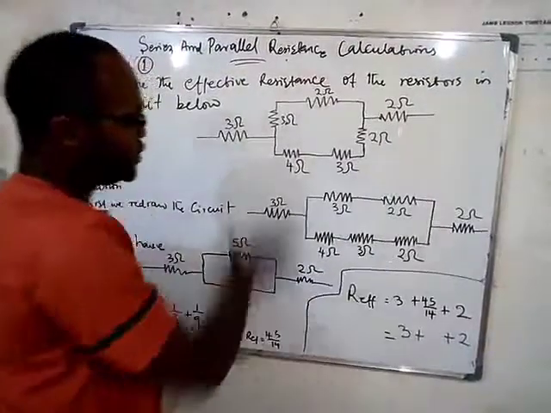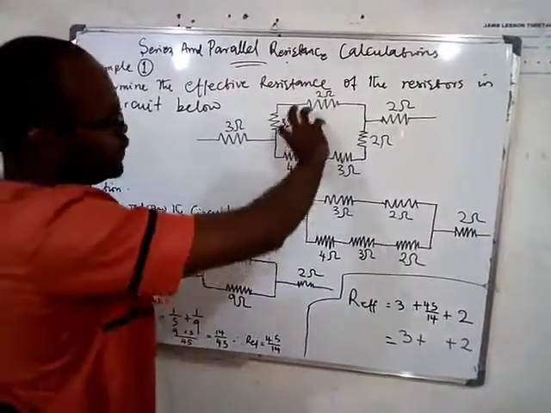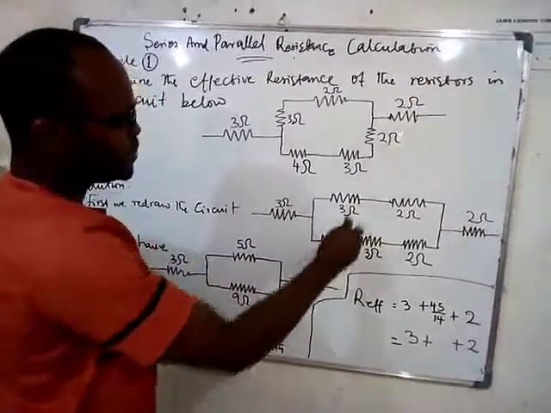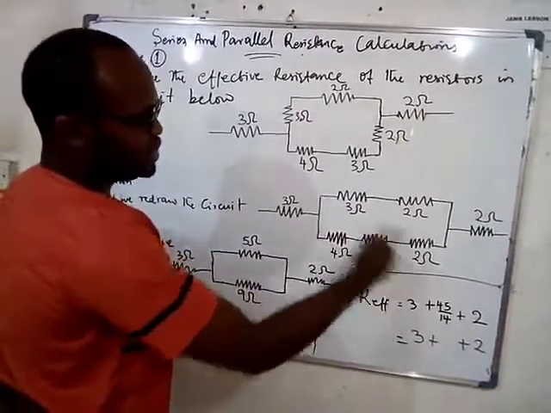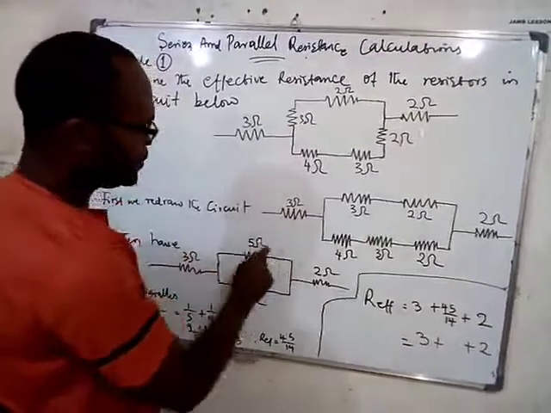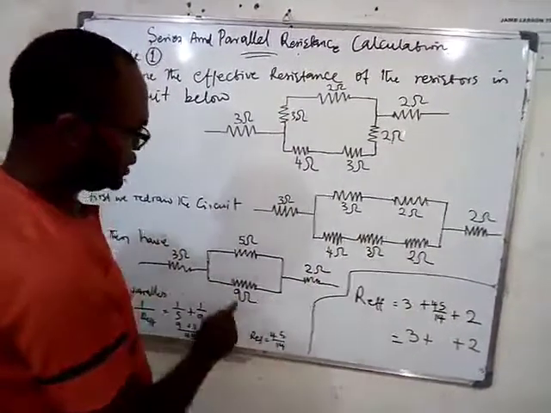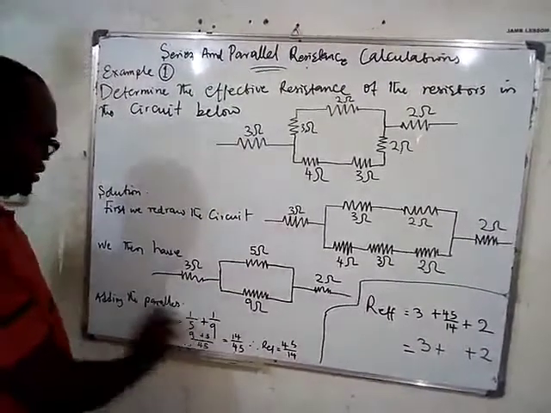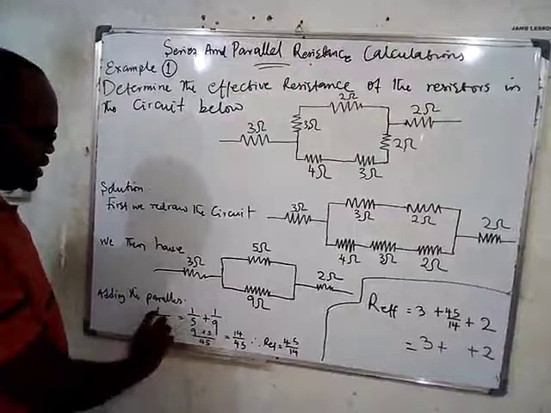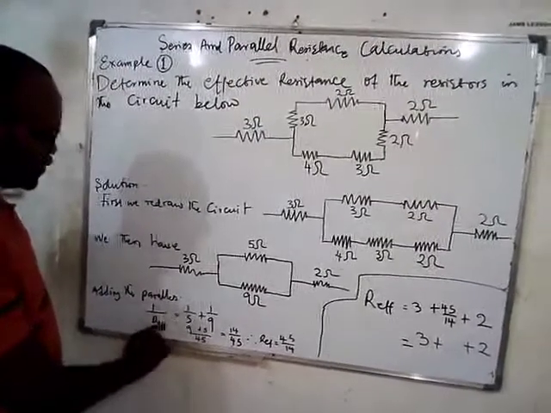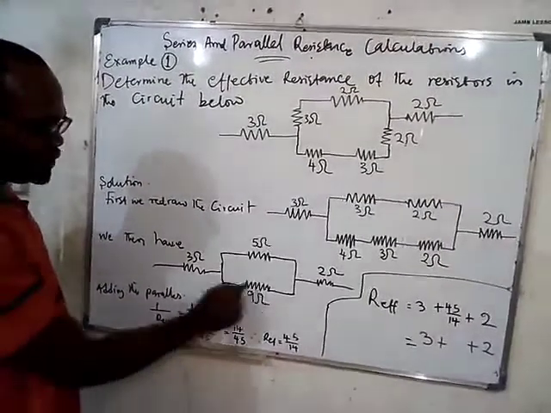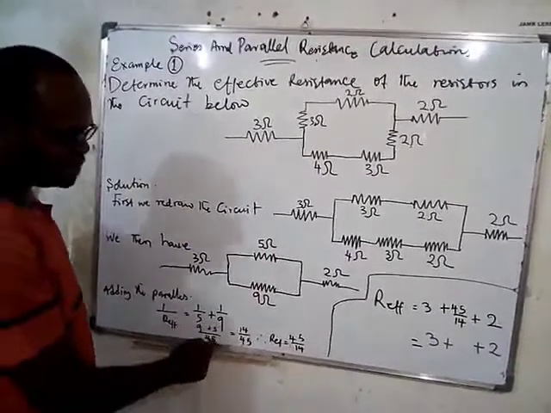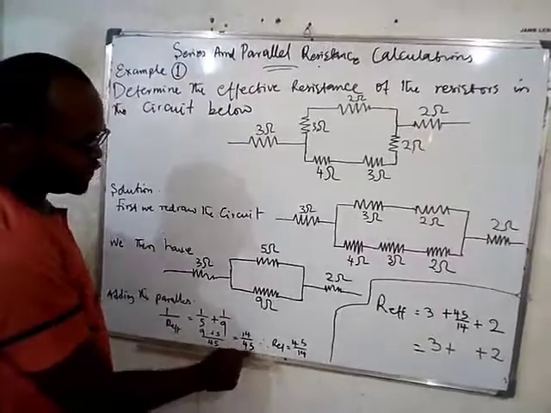So you look at the procedure that I've taken. First of all, you have to redraw the circuit, this circuit, to give you this. Pick out the ones that are in series easily. 3 plus 2, 5. 4 plus 3 plus 2, 9. Add this one up using the formula for calculating the resistance in parallel, which is 1 over effective resistance equals 1 over the individual resistors, which are 5 and 9, to give us 14/45.